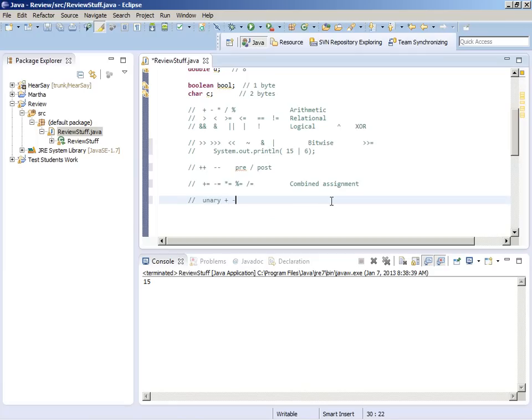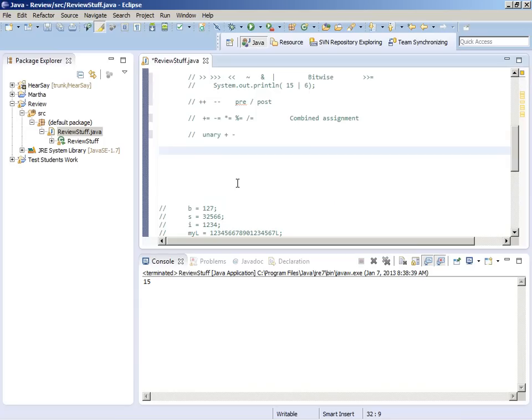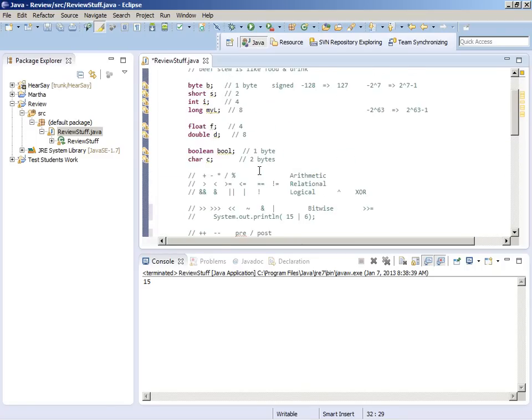Unary plus and minus. The unary plus operator is in the language and it does nothing. It does nothing. What does plus 56 do? The plus operator does not change the value, either of a constant or of a variable.